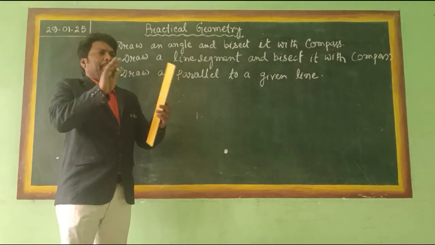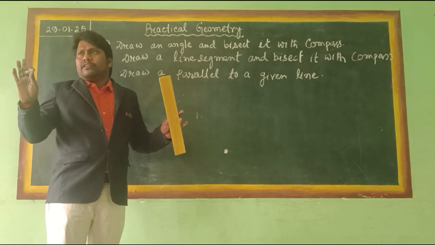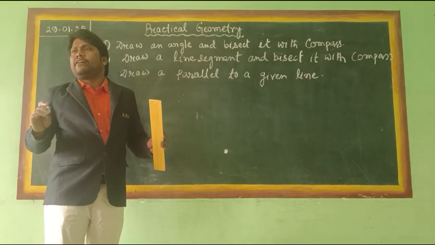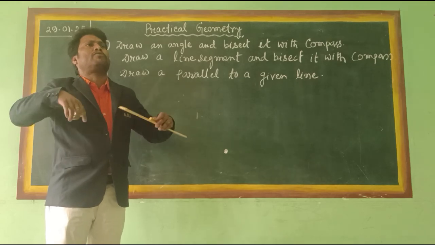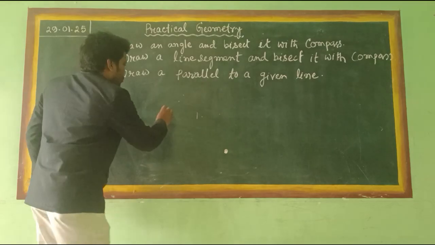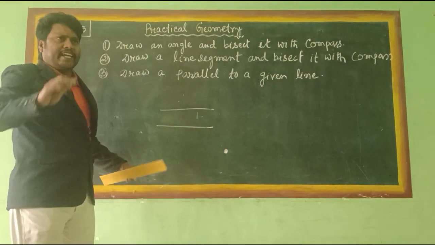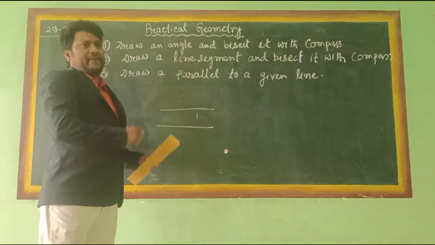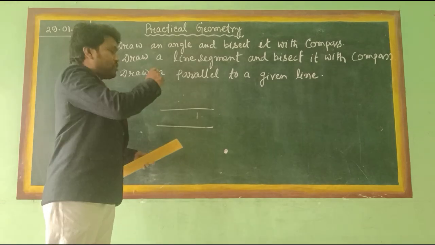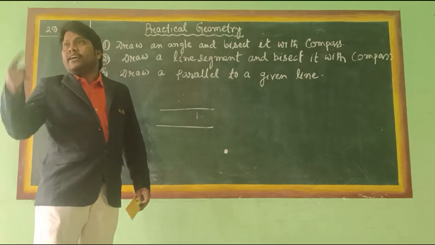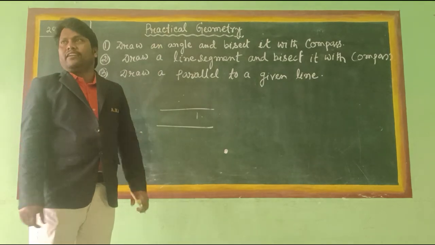Suppose in the basic geometrical ideas chapter or understanding elementary shapes chapter, we draw and define parallel lines. What do you do? AB is parallel to CD, but it is a diagrammatic figure. When you draw the parallel line with the geometrical instrument, that will be practical geometry.